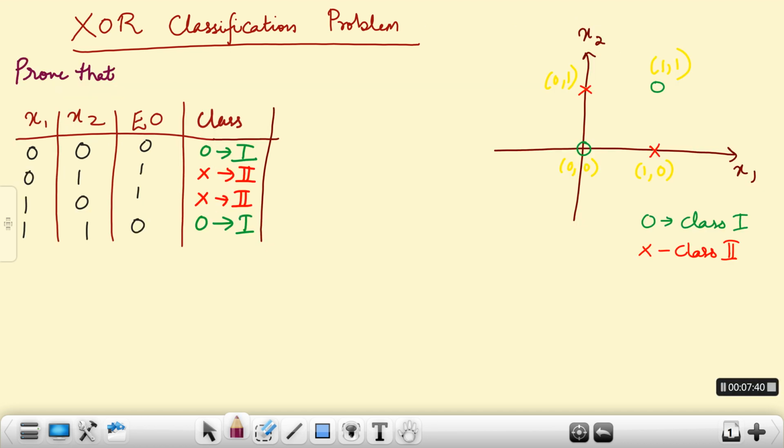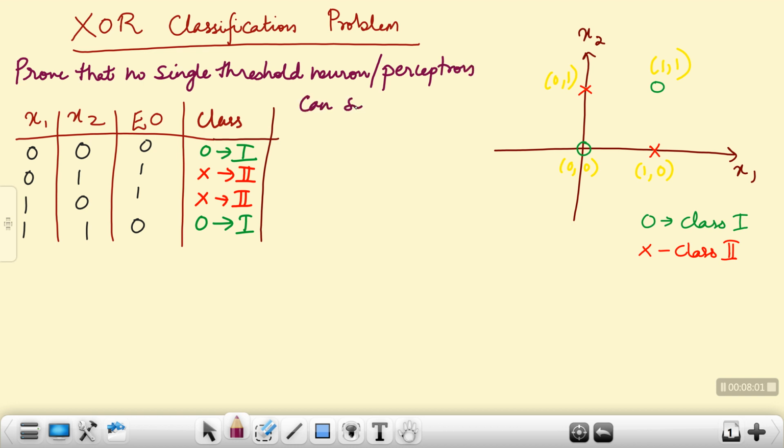So first we shall see how to prove that no single threshold neuron or perceptron can solve the XOR classification problem.